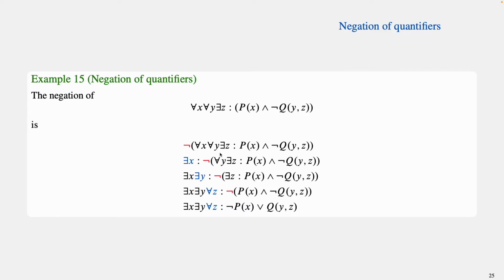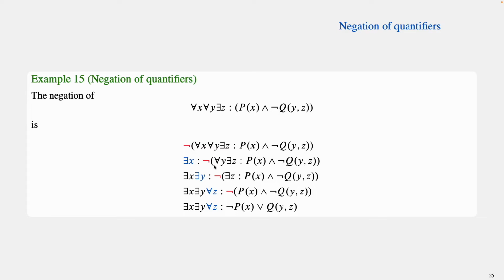First I think of the part in the parentheses as a proposition of the form for all x, something should hold. Then I flip the quantifier for all x, turning it into there exists an x, and I move the negation past the quantifier. So I have there exists an x for which the negation of something should be true.